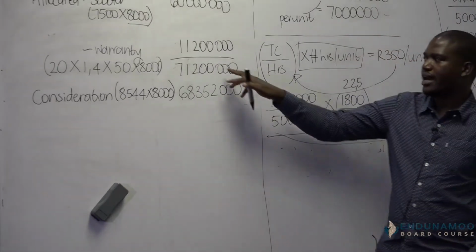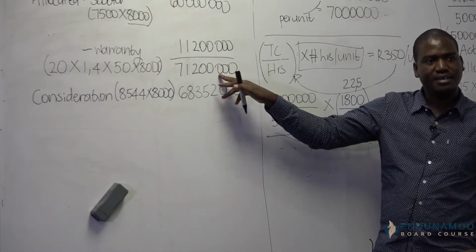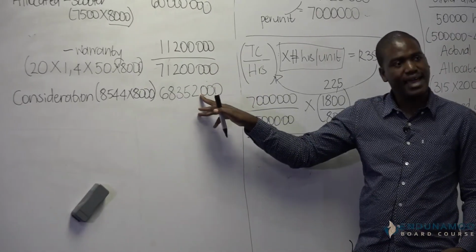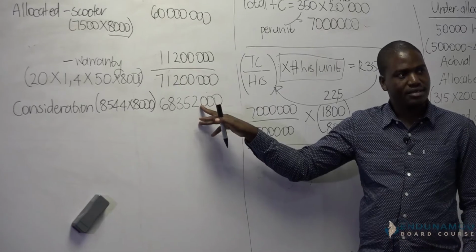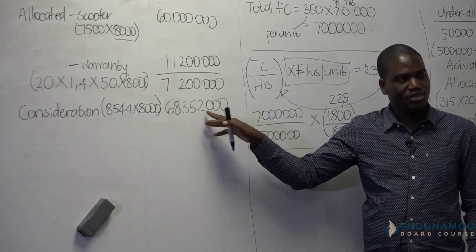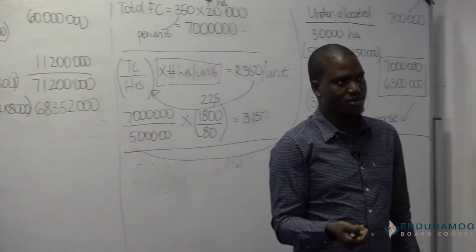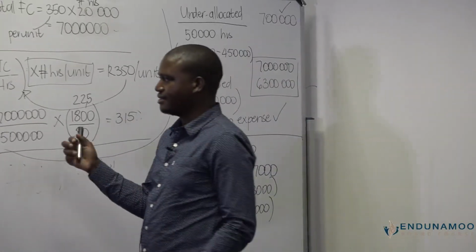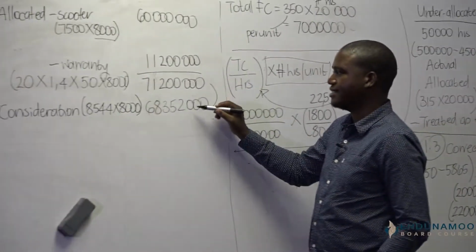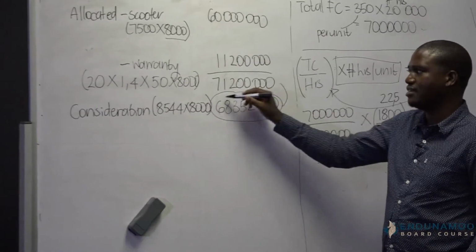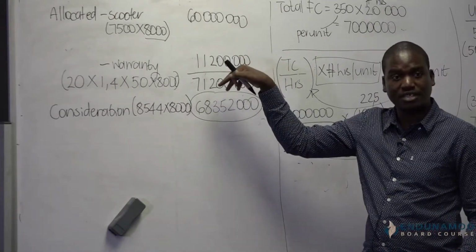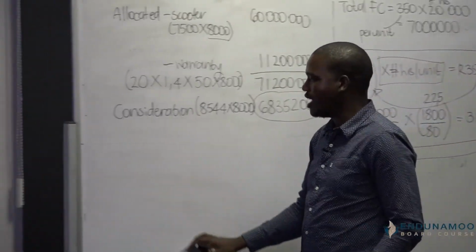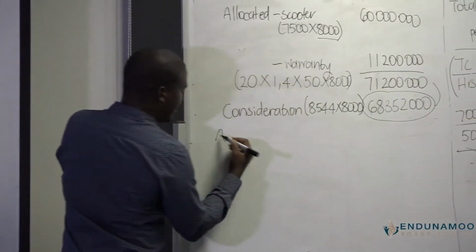So customers were supposed to pay this, but they got this as the consideration. Do you understand? So they got this at a discount. As a result, you need to allocate this consideration to the two performance obligations. So how much will be allocated to the scooters?